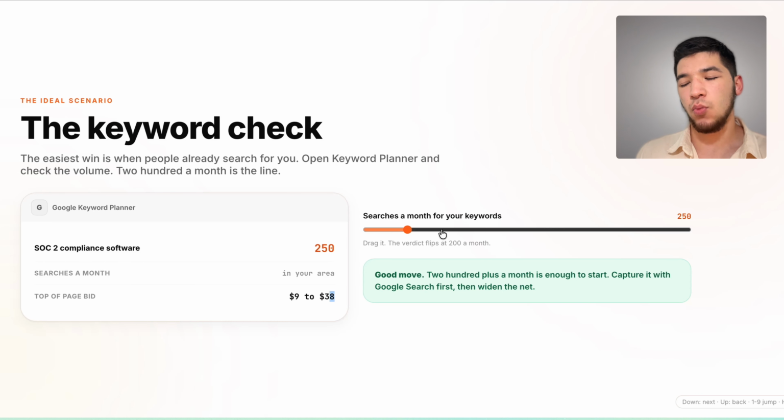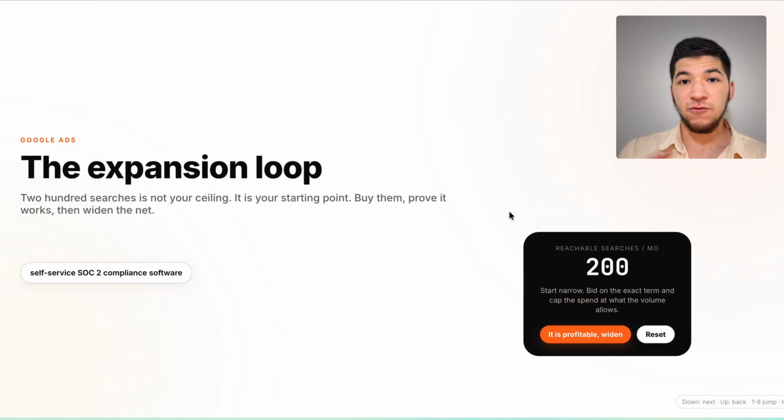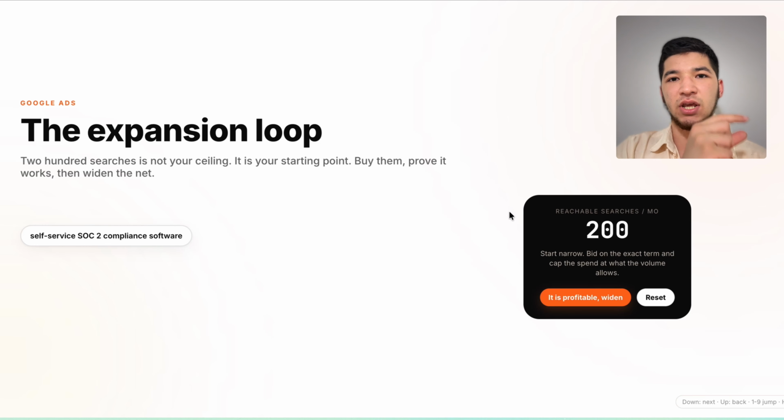And then you might ask, what if I just spend on Google Ads and I buy all of the keywords that are possible to buy? Am I capped? And the answer is no, because if there's a keyword that you're bidding on and it's getting you profit, simply broaden that keyword, pull more searches in, and find another keyword that works for you.